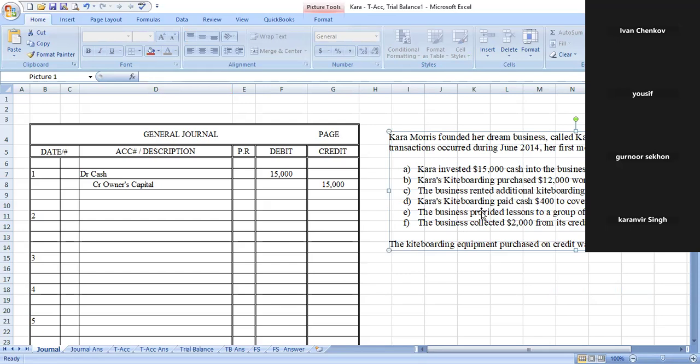He gets capital. He gets an owner's account. Make sense? He's giving his own $15,000 to the company, and automatically he becomes an owner of the company. So his capital account will be exactly the same amount that he invested in the company. Make sense?